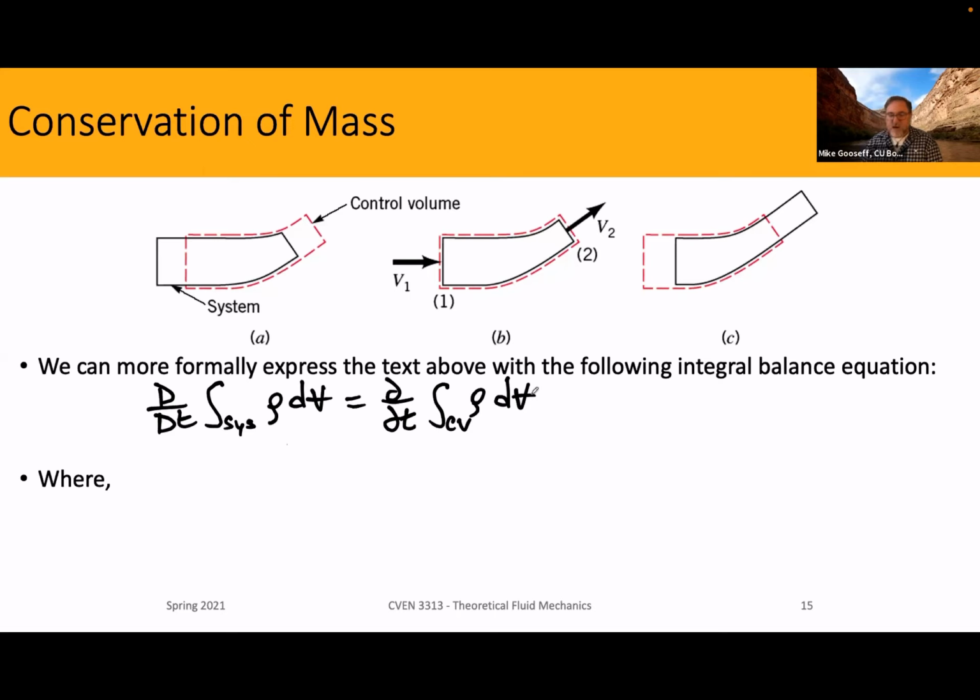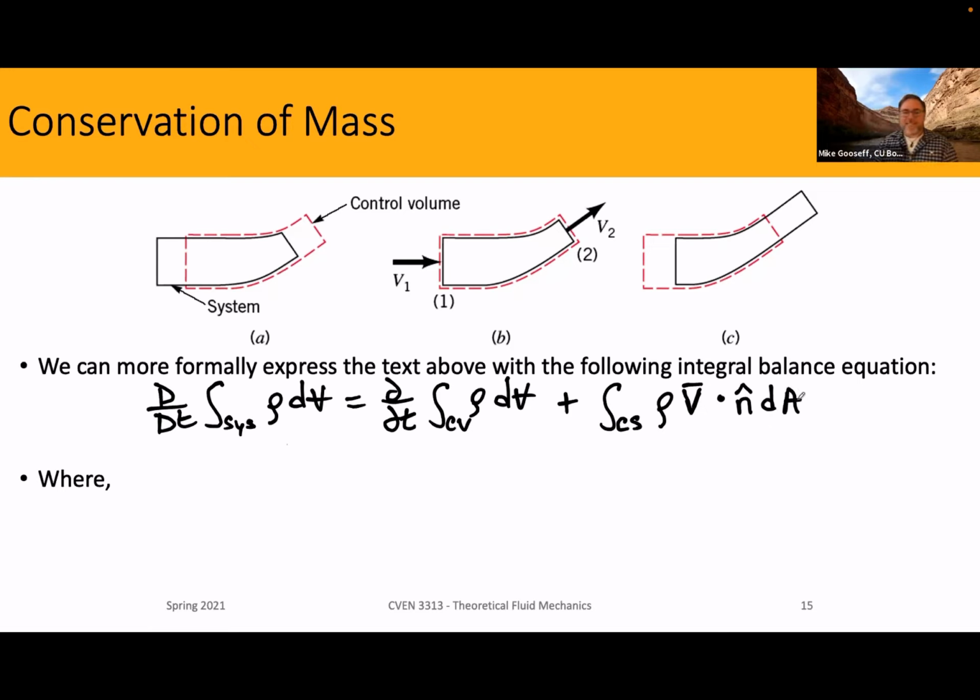Okay, so that is our stored mass, plus the integral over the control surface of the fluxes that are occurring. Okay, so this is now rho times the velocity vector V times n hat dA.